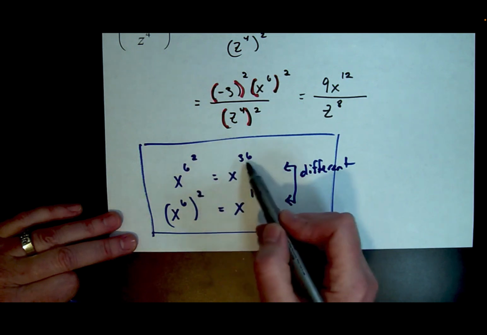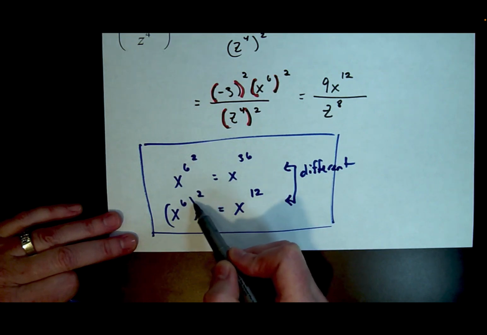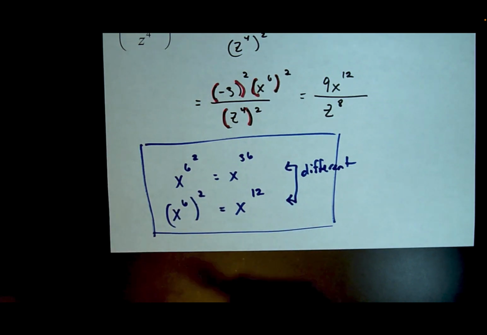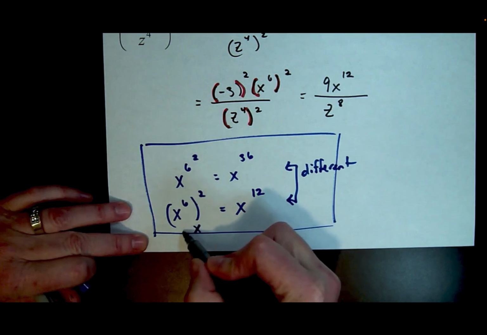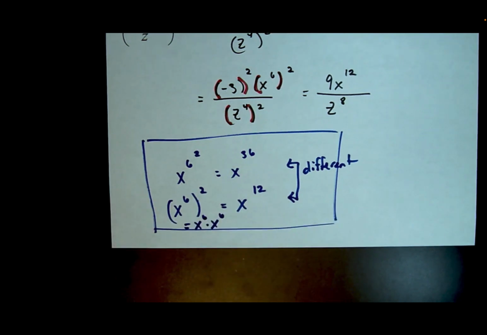So it's squaring the 6 to be a 36, whereas this exponent 2 is touching the parentheses, or it's next to the parentheses, so it's affecting the whole thing in parentheses. So it means x to the 6th times x to the 6th, and there again you get that x to the 12th. Okay, so be careful with using parentheses when you're using these rules.